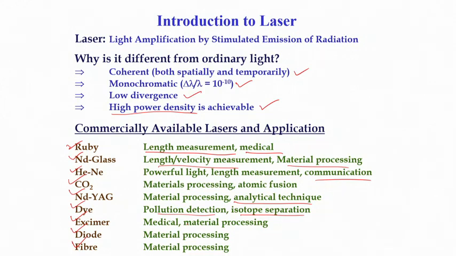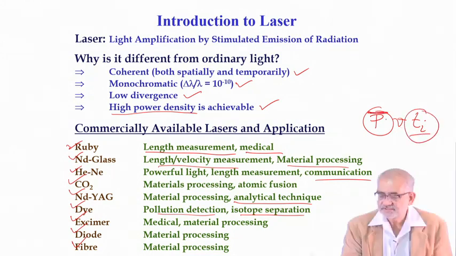There are two key parameters which determine the scope of application: the so-called power density, and the other one is the velocity, or essentially interaction time.